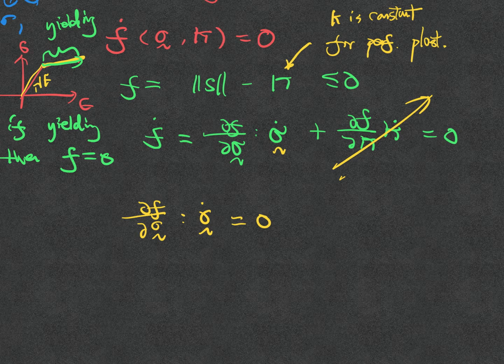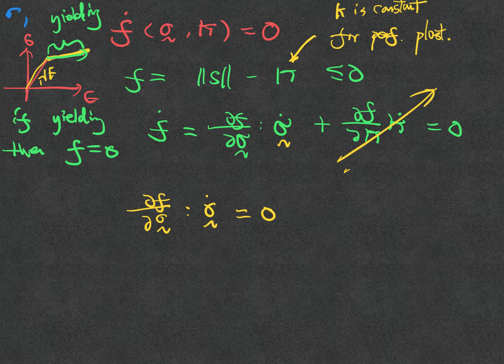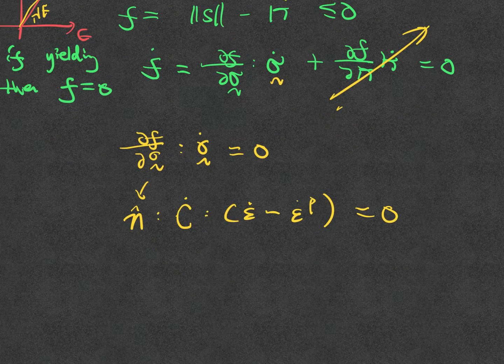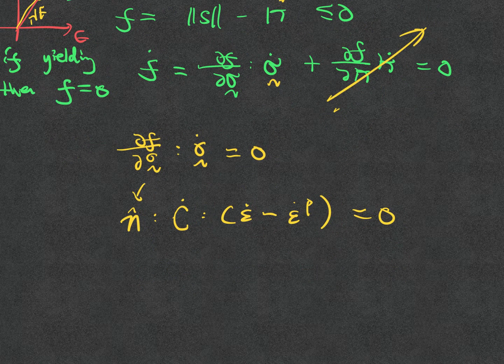So if I put these two things together, this one will give me n. Okay, so far so good. And the stress rate will give me C dot, the total strain rate minus the plastic component, equal to 0. Now with that, I would apply the flow rule that we presented earlier.